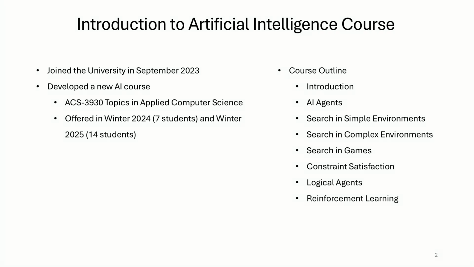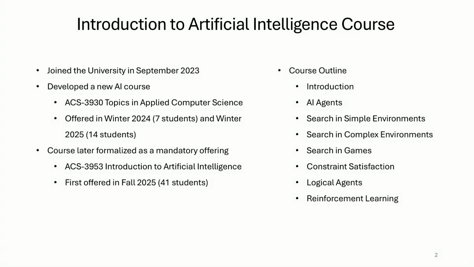This fall term, the course has been finalized as a mandatory course in our department, and I got 41 students this year. The formal title of the course is Introduction to Artificial Intelligence.